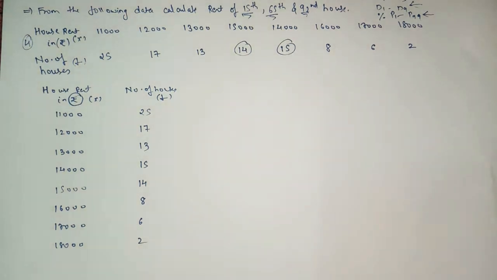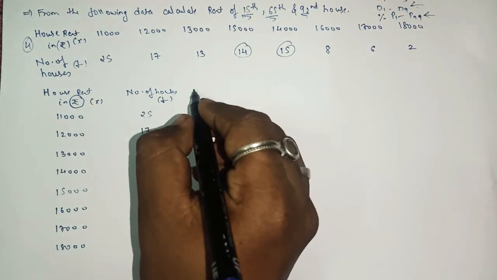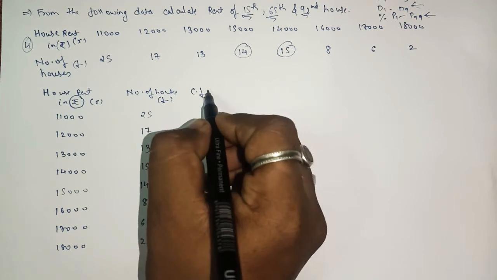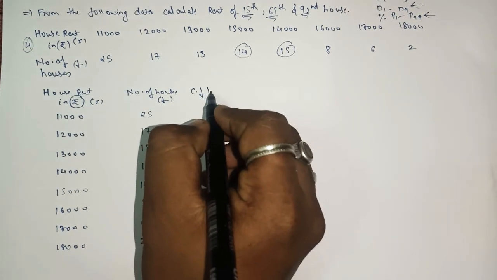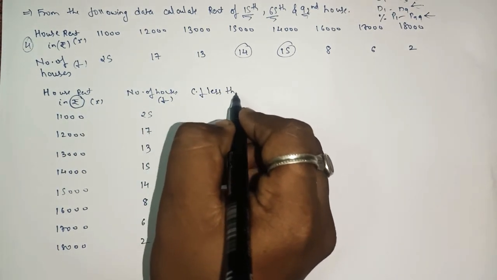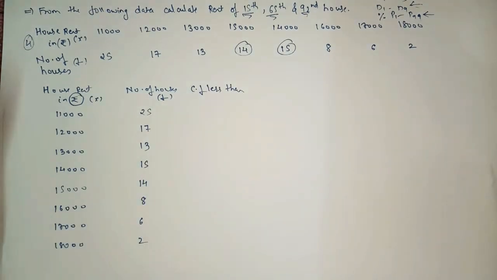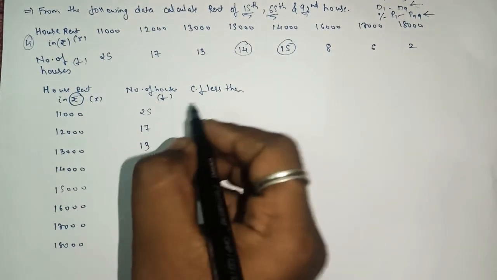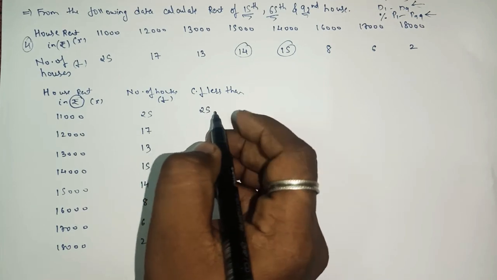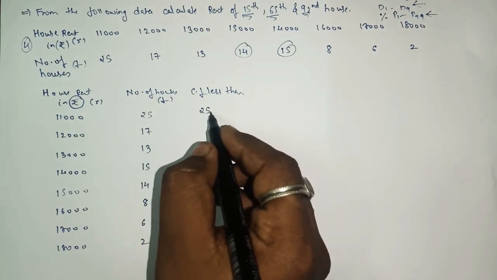Okay, so after this we know that it is compulsory we have to add one more column with respect to cumulative frequency less than, and we also know how to find the cumulative frequency. First you will write the 25 same as it is, then simply go on adding the numbers.